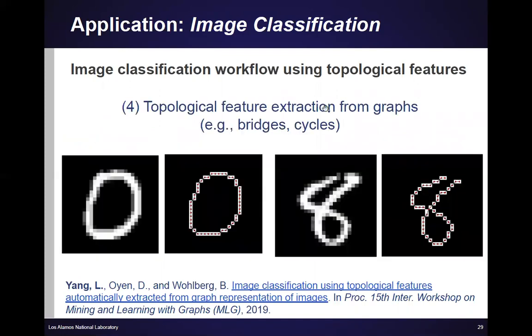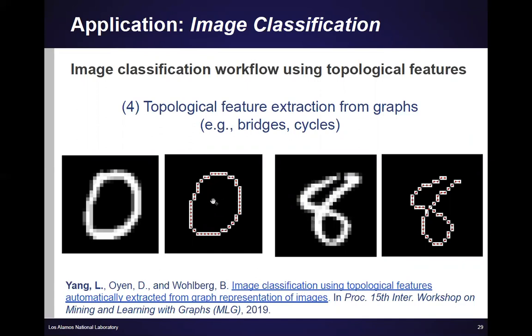Once we get the image skeleton graphs, we can generate the topological features from them, for example, how many cycles and bridges are in the topological graphs. More features are introduced in the paper, so if you are interested, please go check our paper.